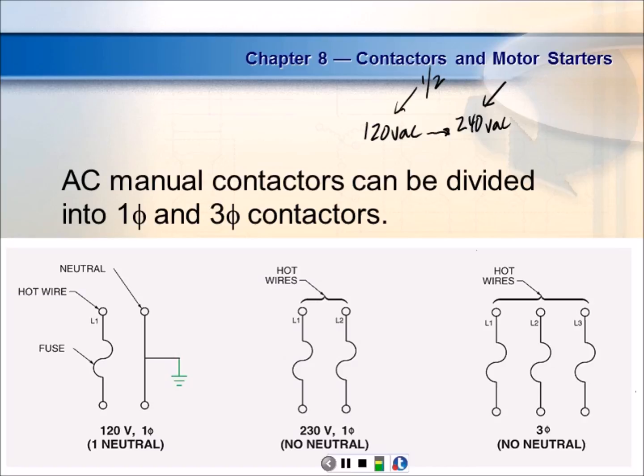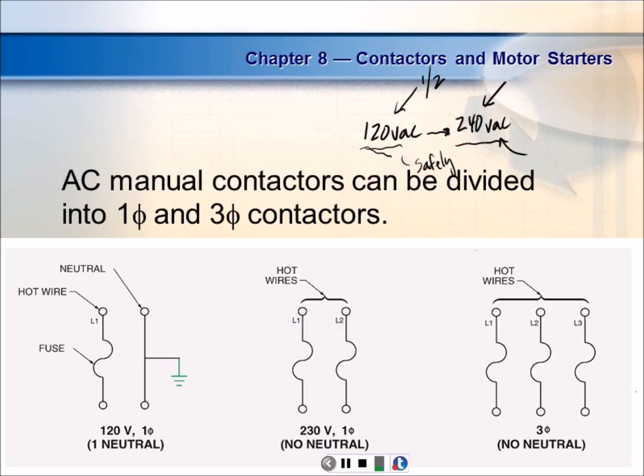So we normally have a low voltage, what they consider to be low voltage, and we have a higher voltage. And what advantage does a low voltage have? Yeah, safety. And then what advantage does a high voltage have? What advantage does a high voltage have?